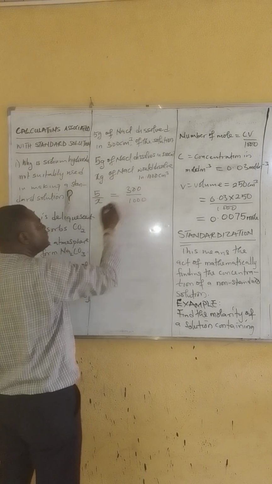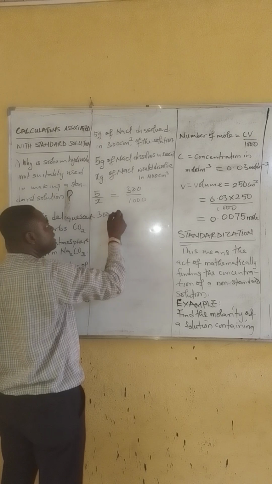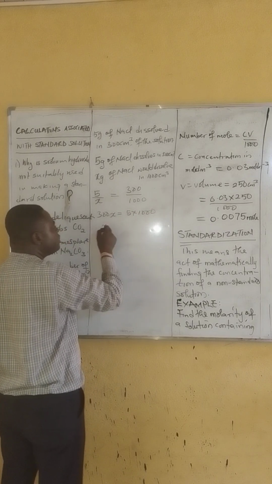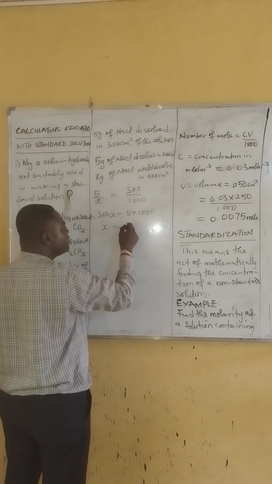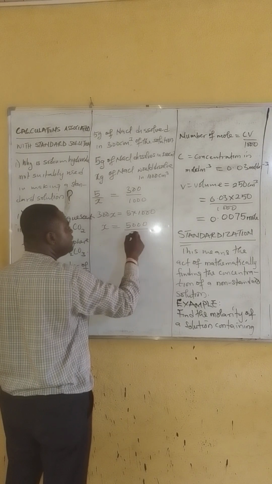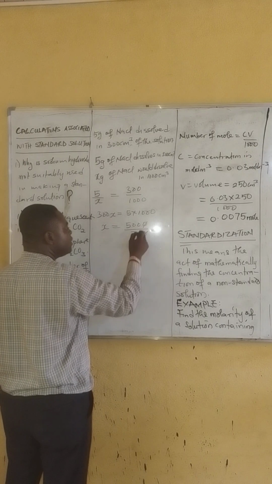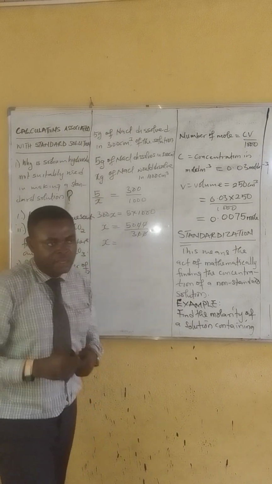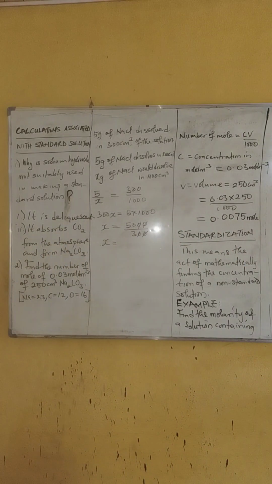Then cross multiply. You have 300x is equal to 5 times 1000. So x will now be equal to 5000 over 300. The zeros cancel, so x will now be 50 over 3.